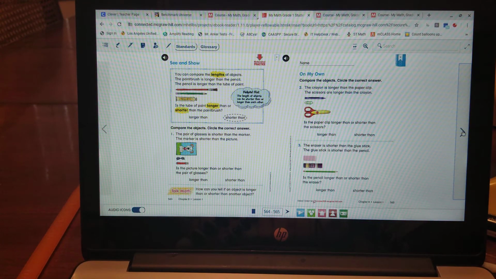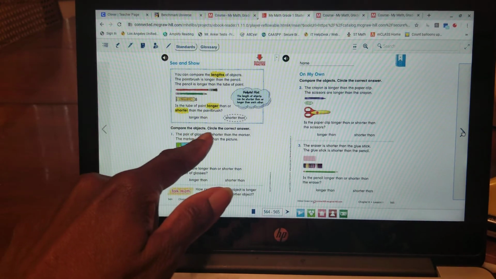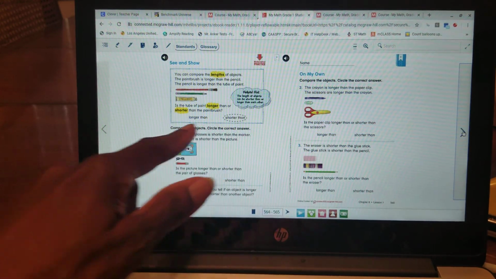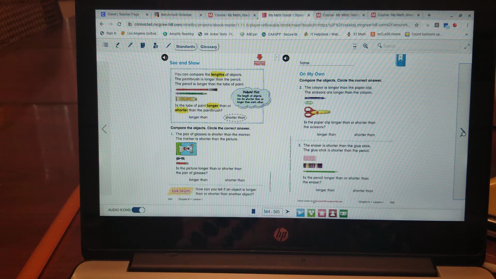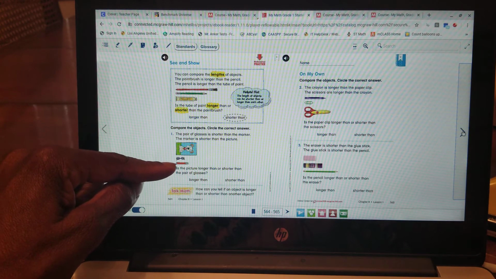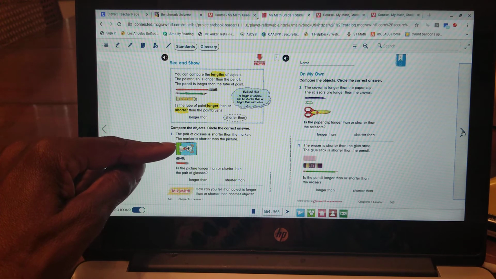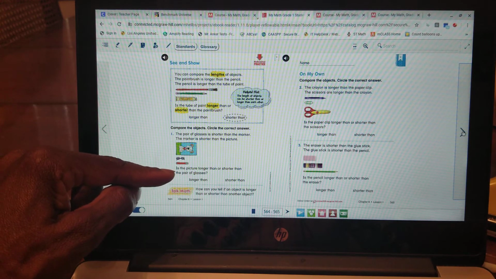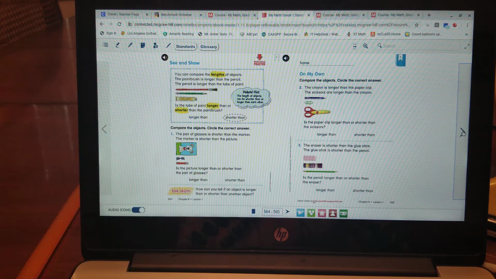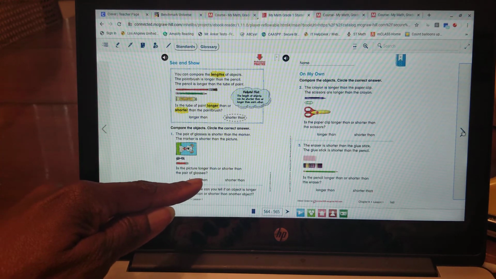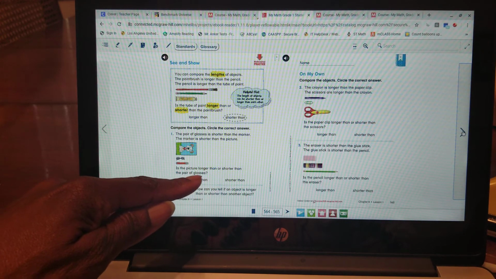Now, let's take a look. Compare the objects, circle the correct answer. The pair of glasses is shorter than the marker. The marker is shorter than the picture. Now here's our question. Is the picture longer than or shorter than the pair of glasses?